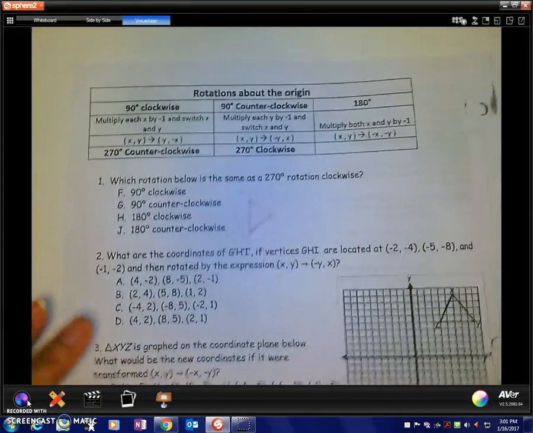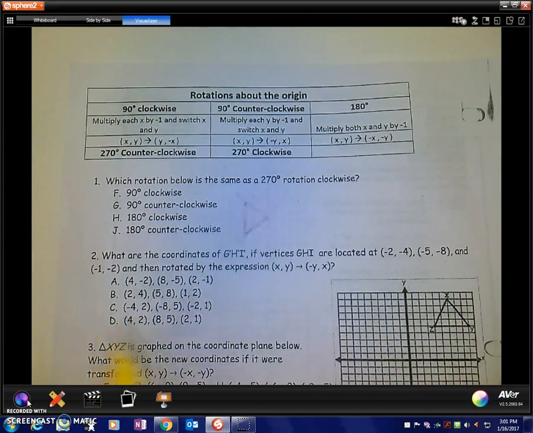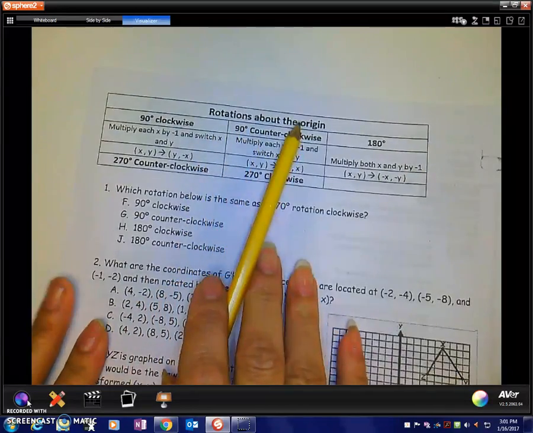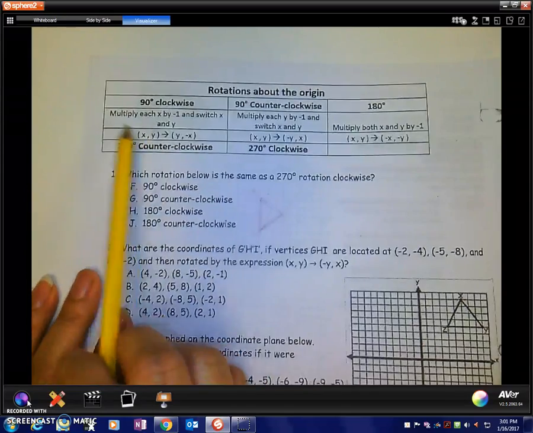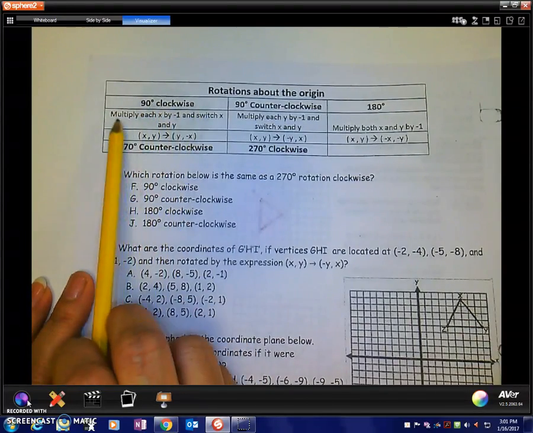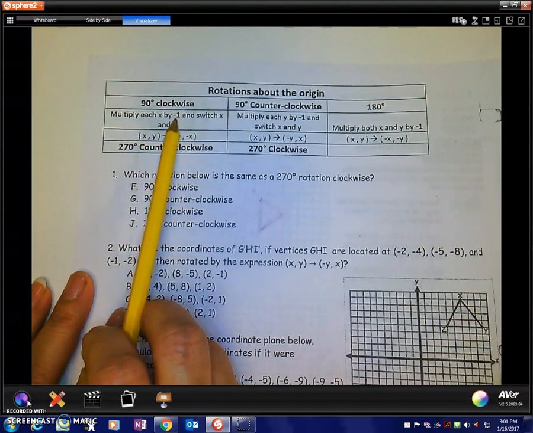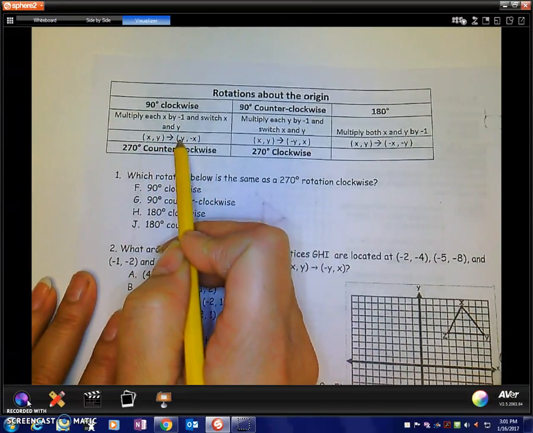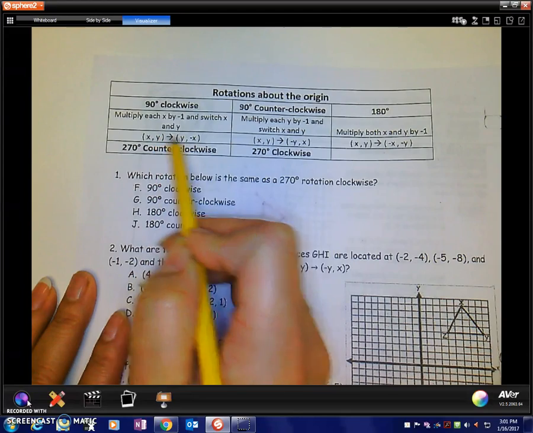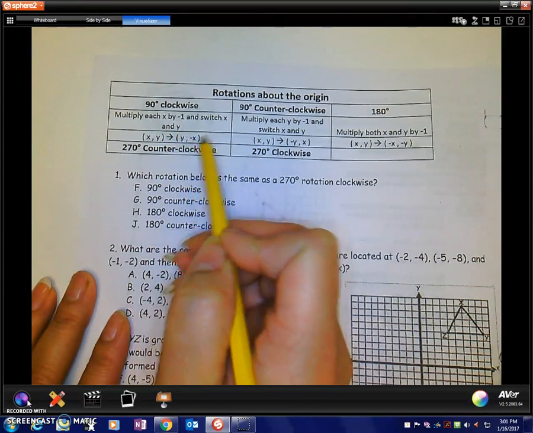Now on the back, this is the rotation around the origin. So we have 90 degrees clockwise: multiply each by a negative 1 and switch X to Y. Again, if it's 90 degrees clockwise, we multiply by a negative 1 and we switch.